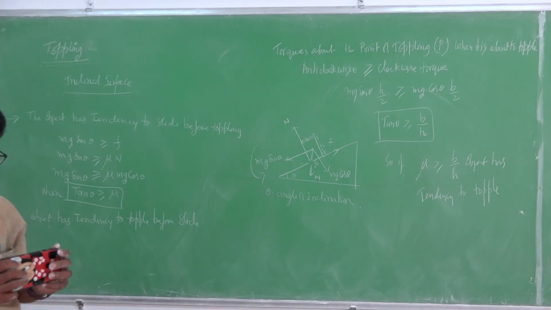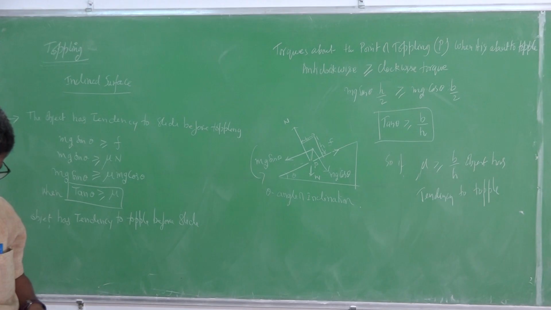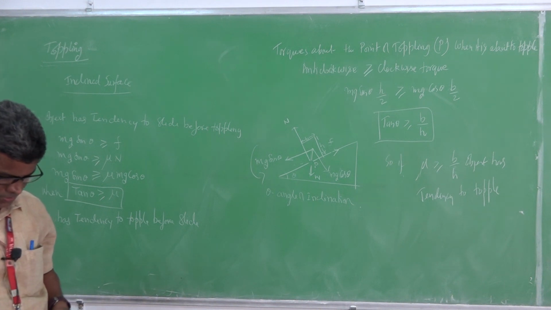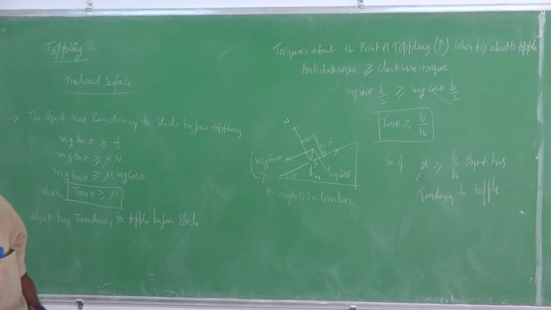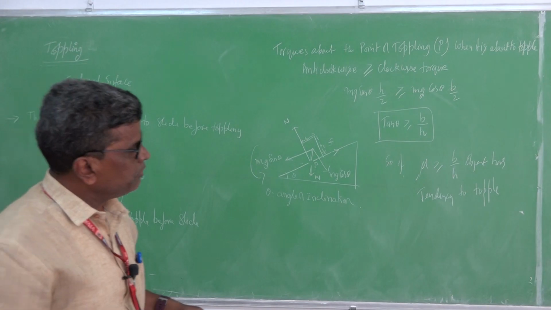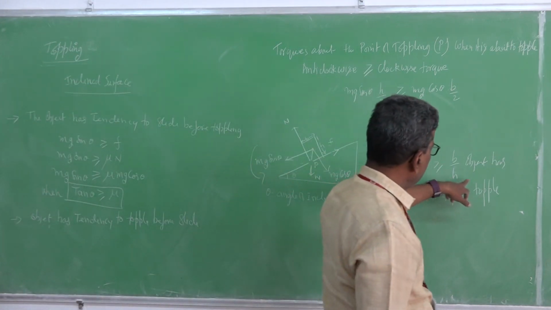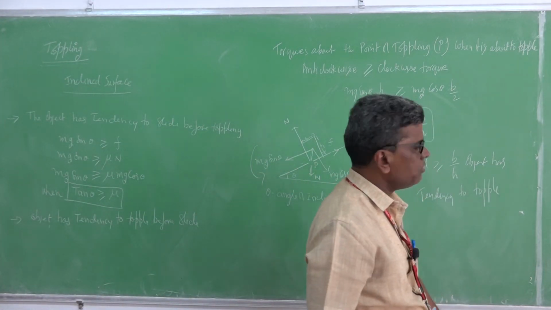So here I am discussing the object: if mu is greater than or equal to b by h, the object has a tendency to topple.